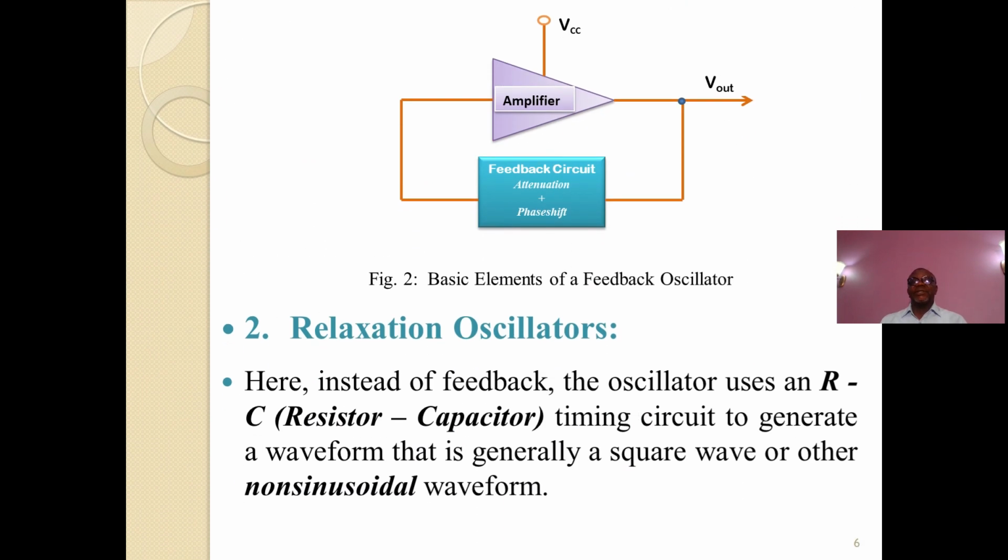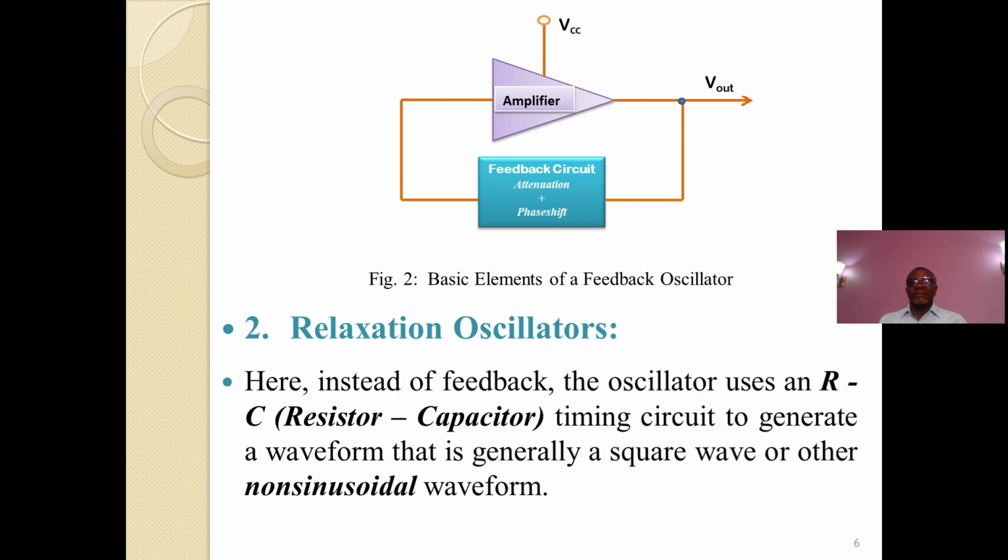Now, let's look at Fig 2. You see, you have an amplifier which has a feedback circuit, and the feedback circuit produces attenuation and phase shift.